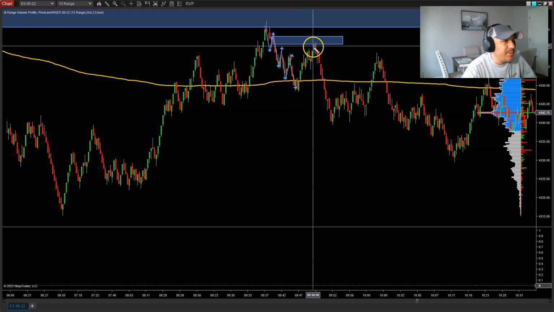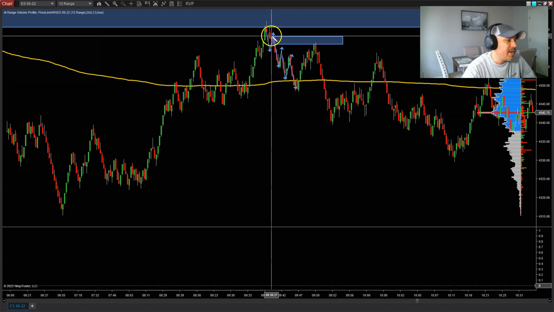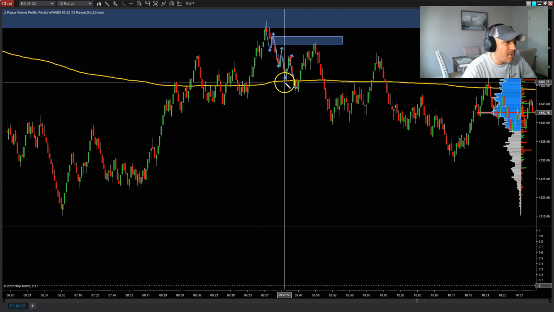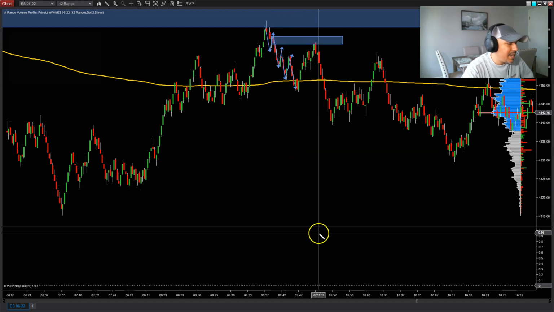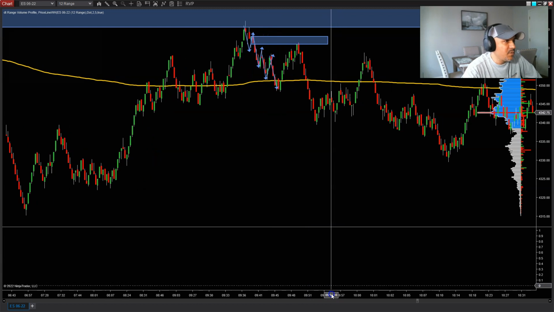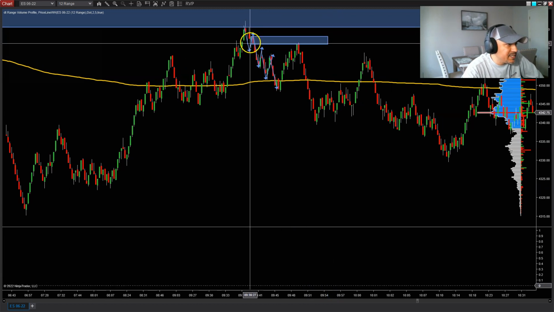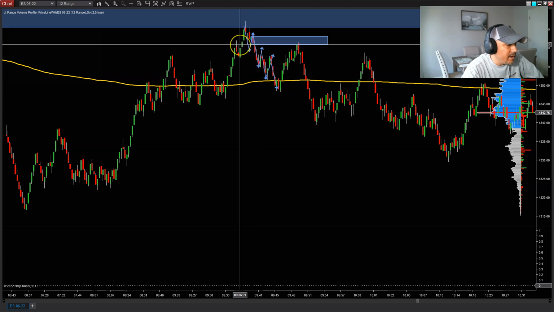When price pulls back to this area right here, why this area? Because this movement to the downside, price pulls back, breaks lower, taking out structure here. Why is this an area of supply? Because for one, price pushes lower. This is the swing to the downside that takes out this swing right here.